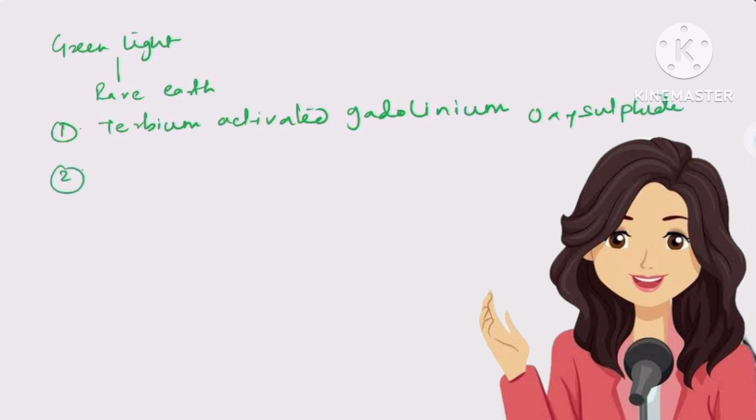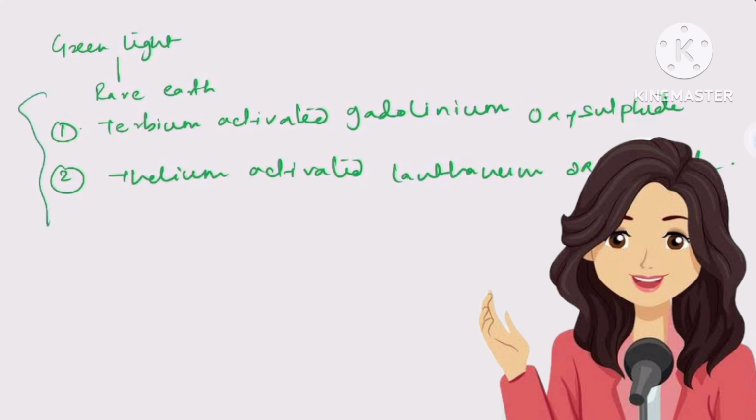Second material that we use is thulium activated lanthanum oxybromide. So these are the materials by which green light sensitive films are made up of. Very important, need to remember.